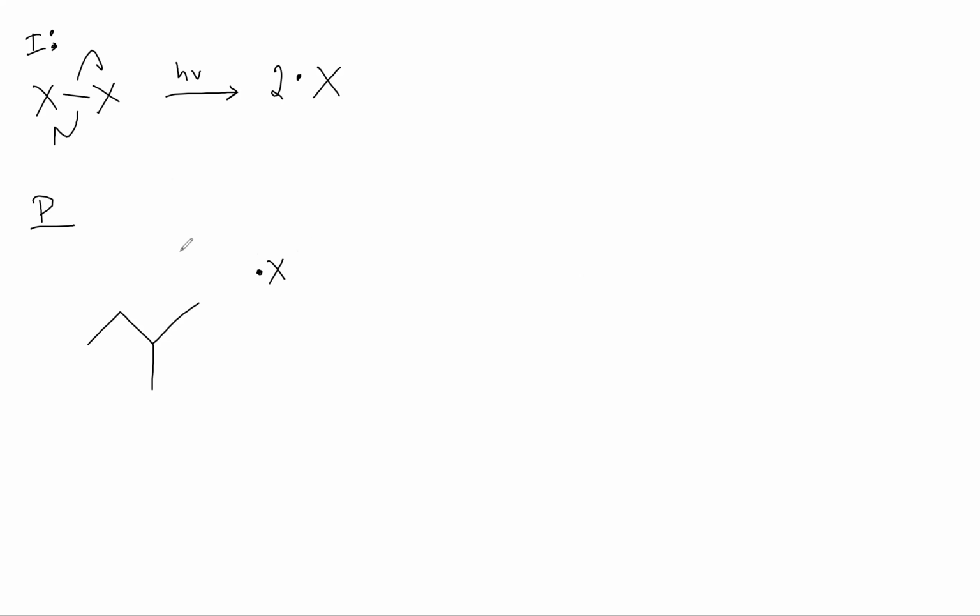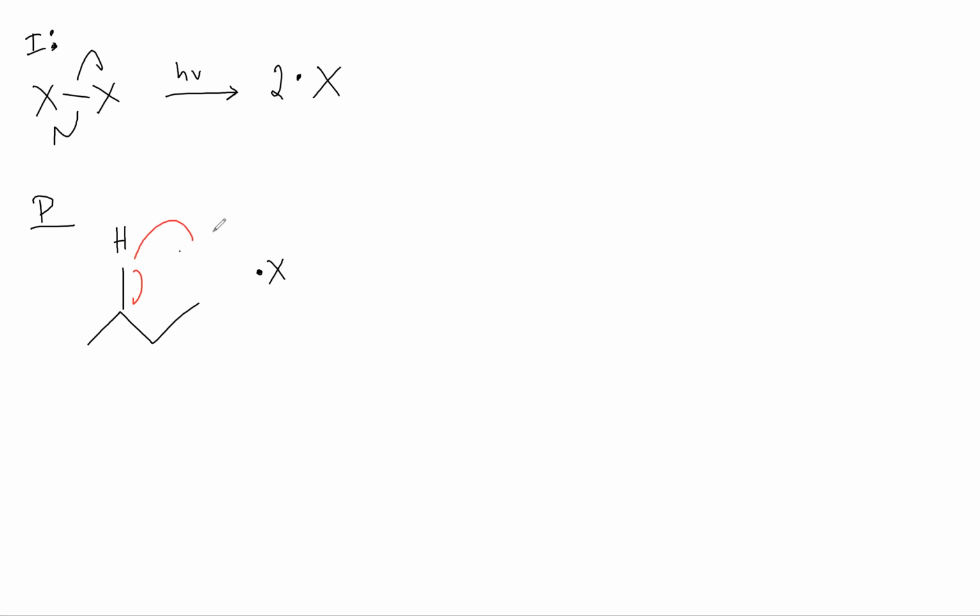Which carbon? It's going to depend on which halogen we are using and which radical will become more stable. And we'll talk about this in a little bit. So let's change up this alkane very quickly. Now there are two possibilities for our radical intermediate.